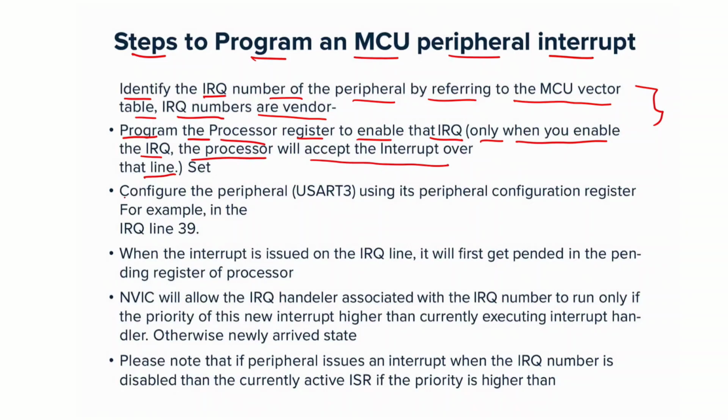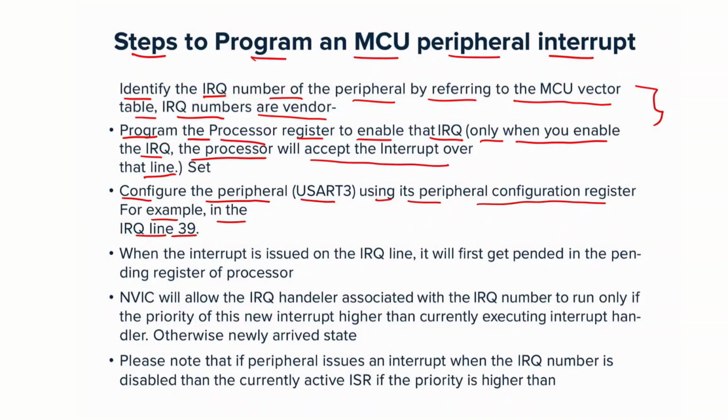The next one is to configure the peripheral, that is UART3, using its peripheral configuration registers. For example, for line number 39, which means if you want to get interrupts at UART3, you have to do interrupt configurations in the UART3 configuration registers. But in our case, we are not going to touch any control registers or configuration registers inside the UART3.